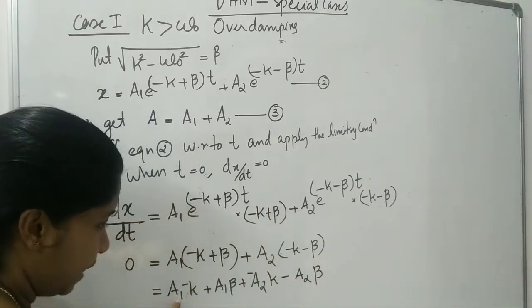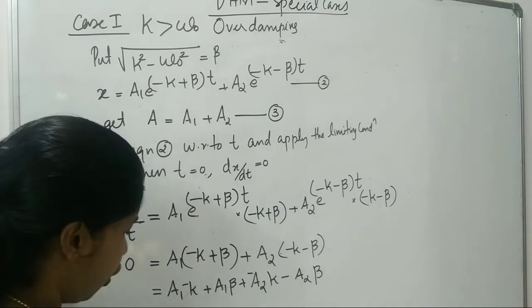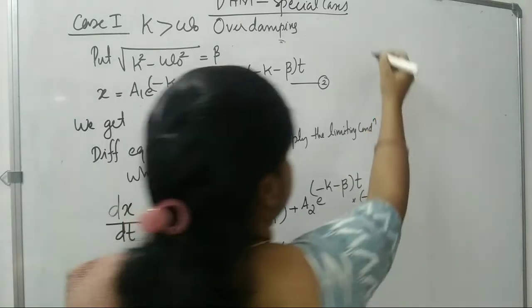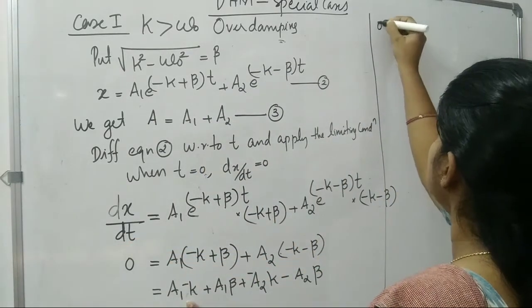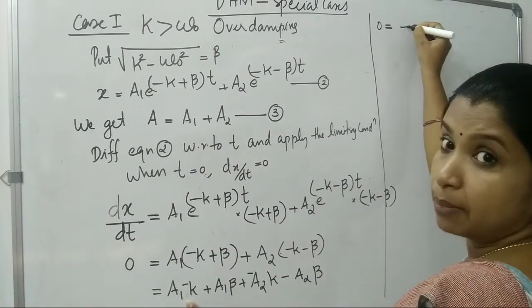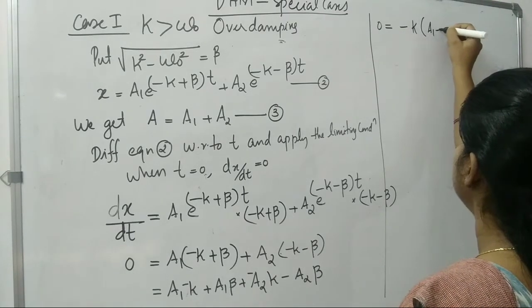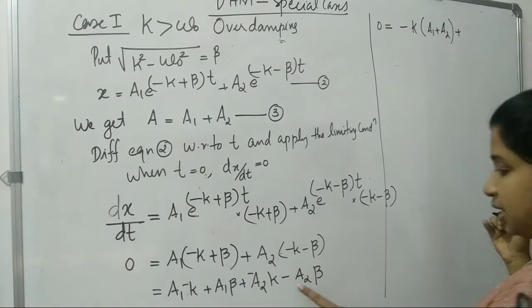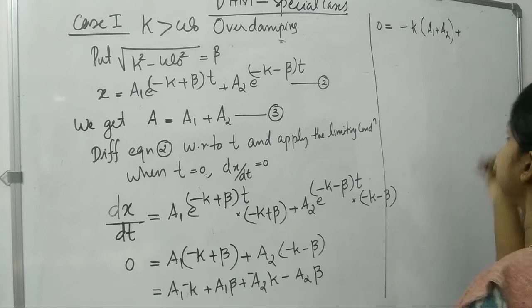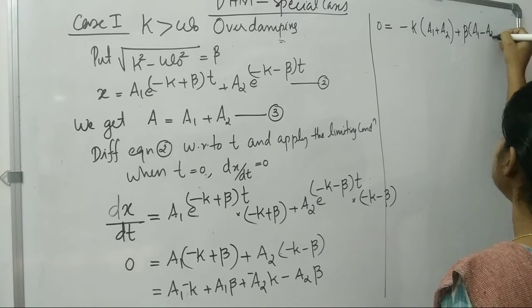Then from a1k and a2k, take k as the common term. So we get 0 equal to minus k into a1 plus a2, plus, from a1 beta and a2 beta, take beta as the common term, so beta into a1 minus a2.